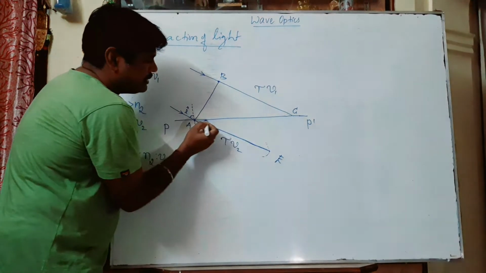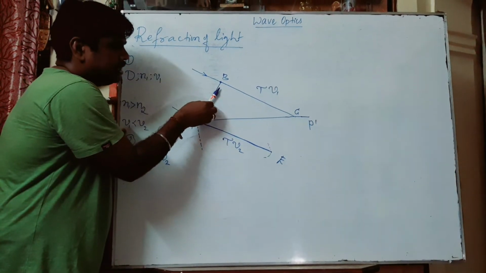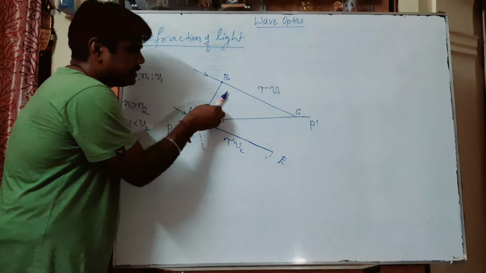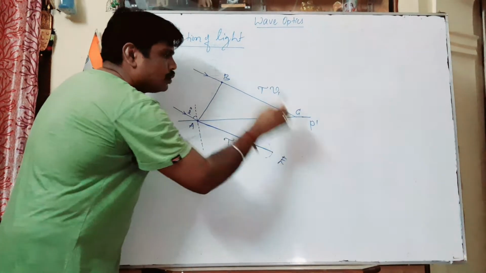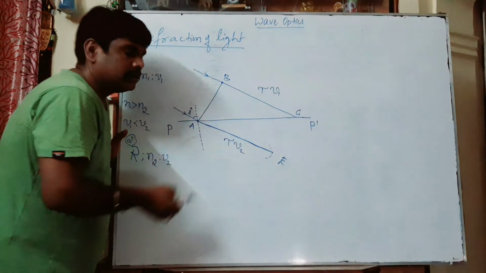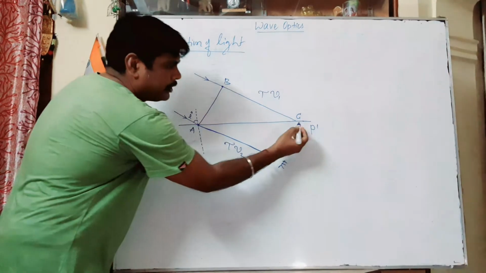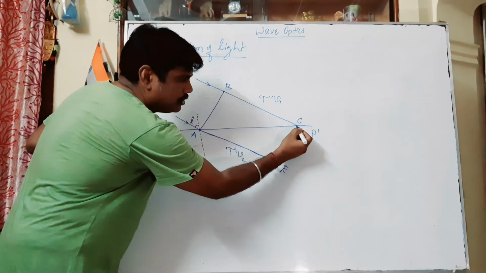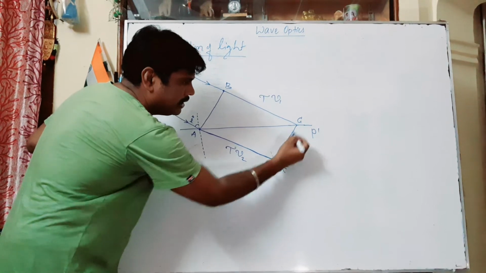The same thing happens at all the points when the incident plane wavefront comes and is incident on the plane surface. Each point acts like a source of secondary disturbance, and that disturbance produces wavelets. They can travel in the rarer media. If you draw a tangent to all the wavelets, we get a straight line.